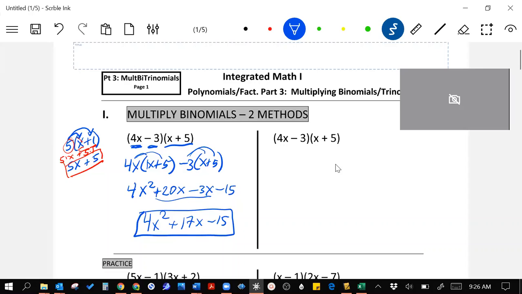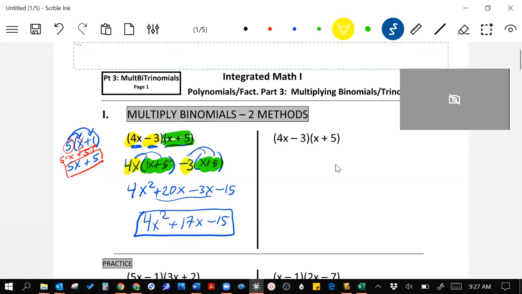That's one method of doing it, where you take one of these and do it as two possible ones. So the 4x times the second one, and then the negative 3 times the second one. So the second one, whoops. Okay, there's the second one, and there's the 4x times that one, and the negative 3 times that one.